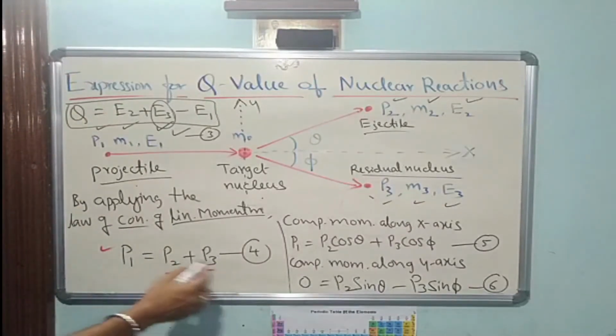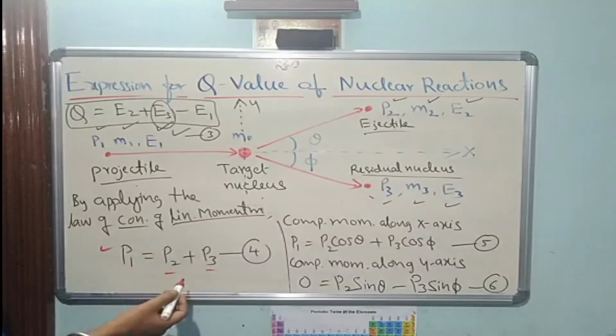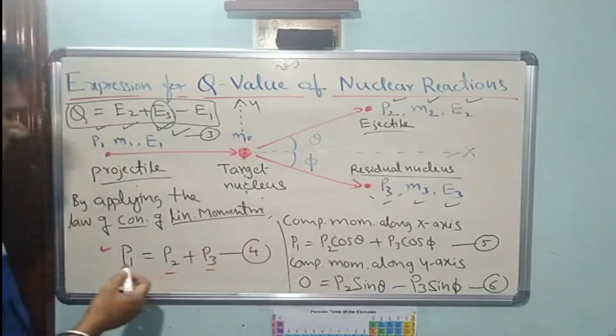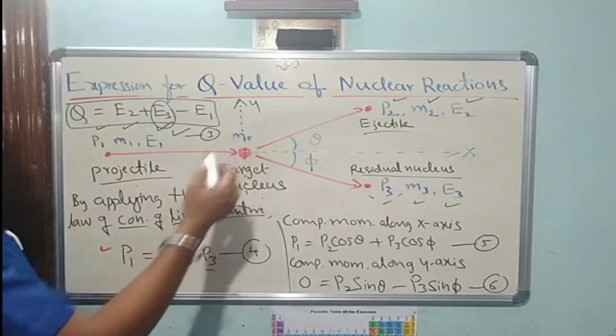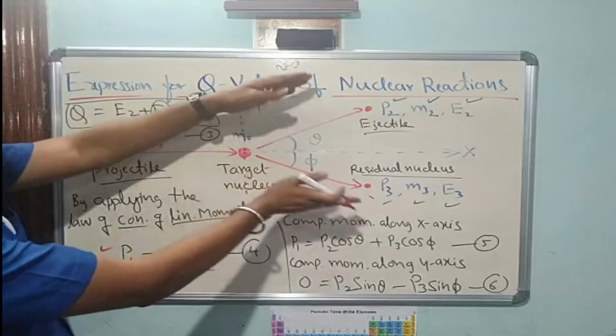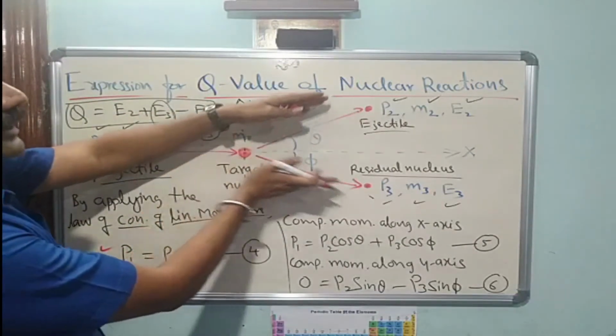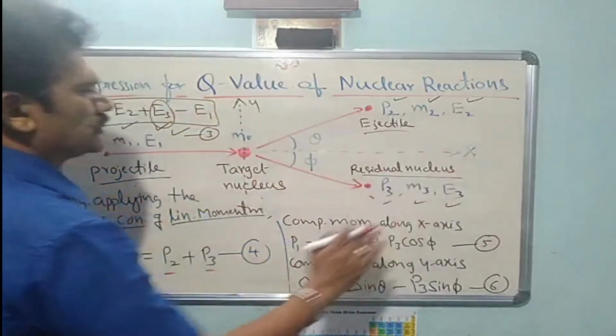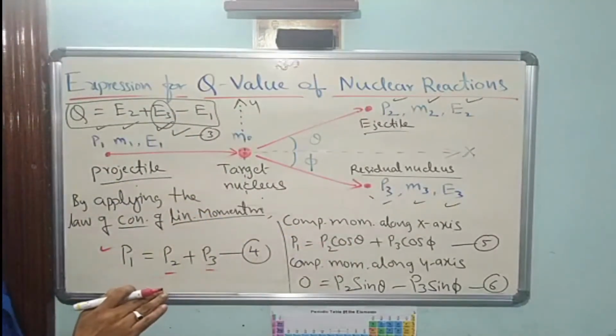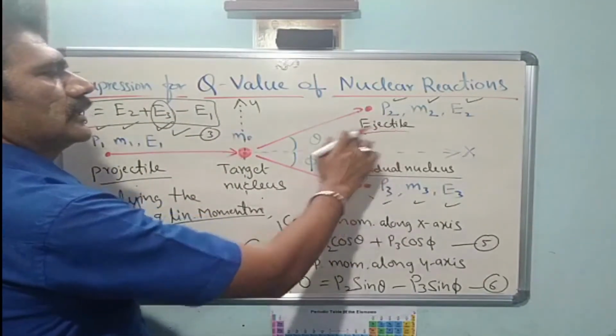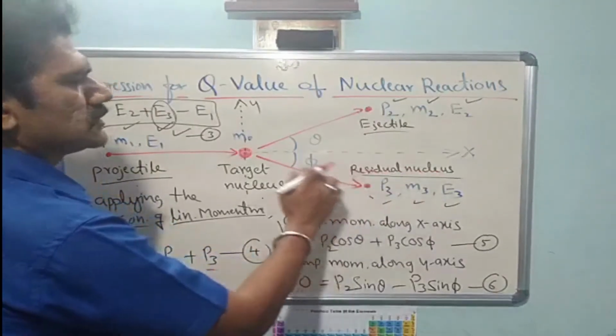Then how to calculate these momentums as per this diagram? The ejectile and residual nucleus are moving at certain angles with respect to the direction of the projectile. The ejectile makes the angle theta, and the residual nucleus makes the angle phi.